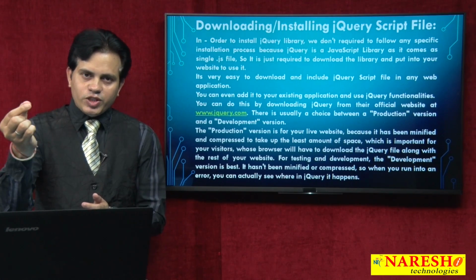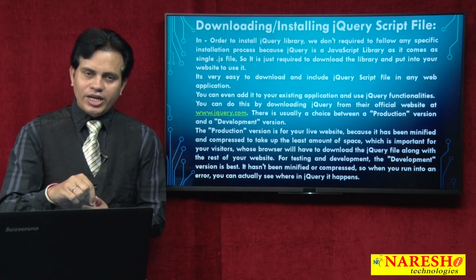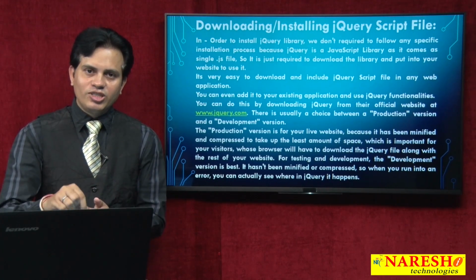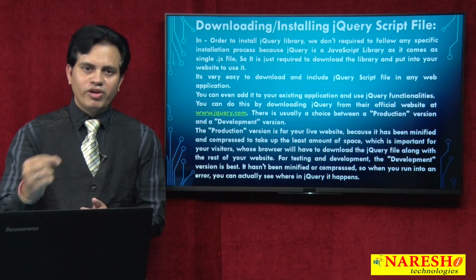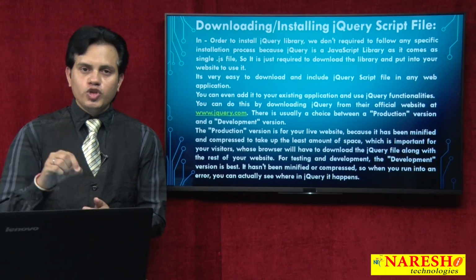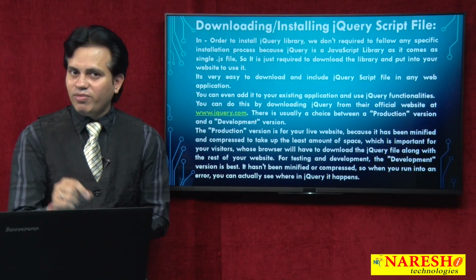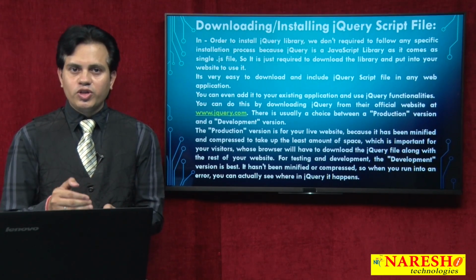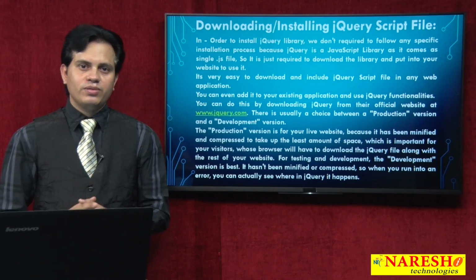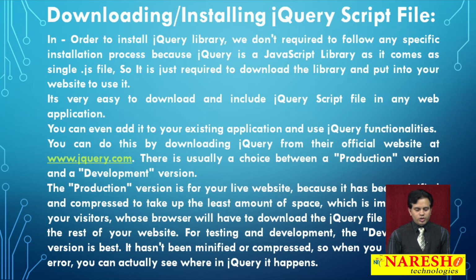So whenever the file is loaded from server to client, it takes less time and consumes less network bandwidth. That makes loading from server to client faster, which is important for your visitors, whose browsers will have to download the jQuery file along with the rest of your website content.